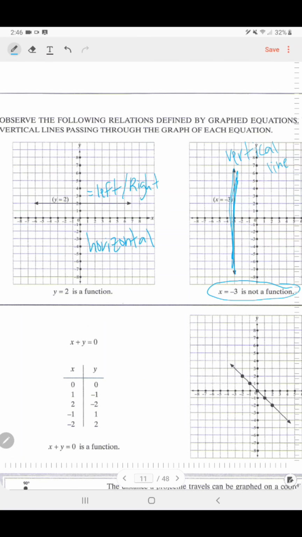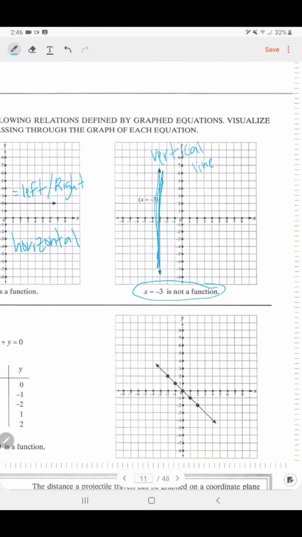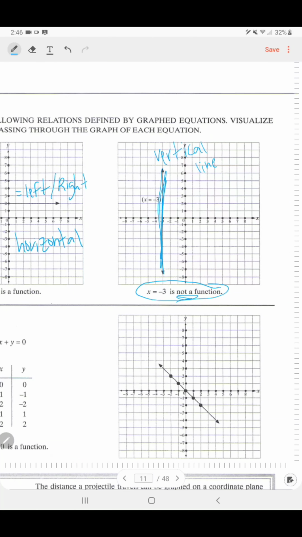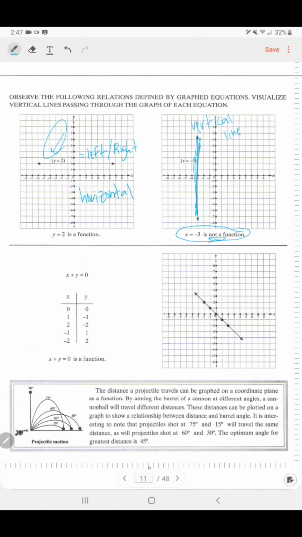So y equals, yes, function. x equals, no, not a function. If it goes sideways, then yes, it is a function. If it just goes up and down, then it is not a function.